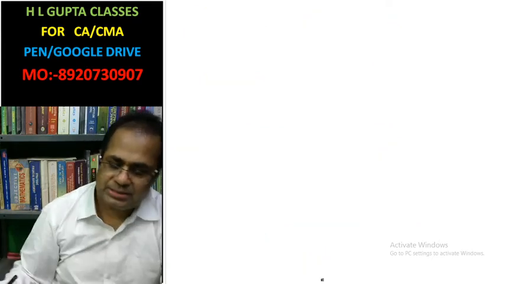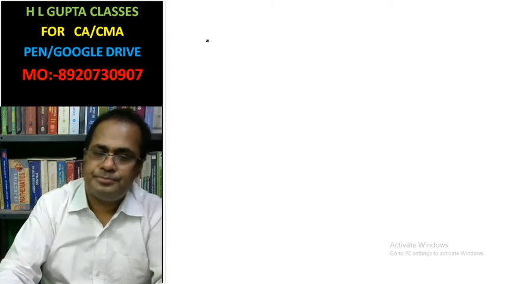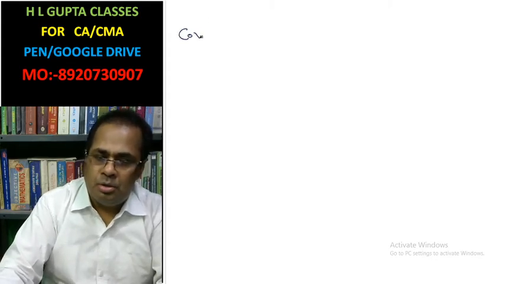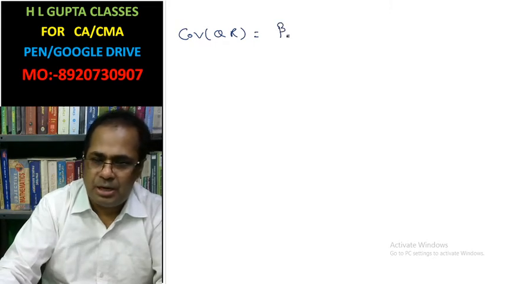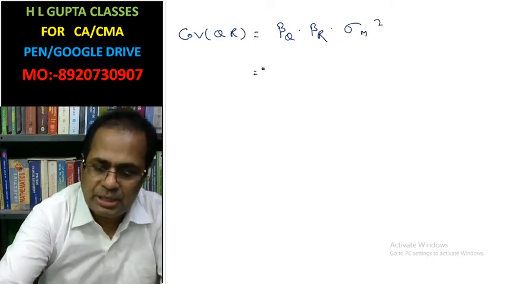Similarly, covariance of QR. In this case, what is the formula? Beta of Q times beta of R times the standard deviation of market squared. What is the beta of Q here?